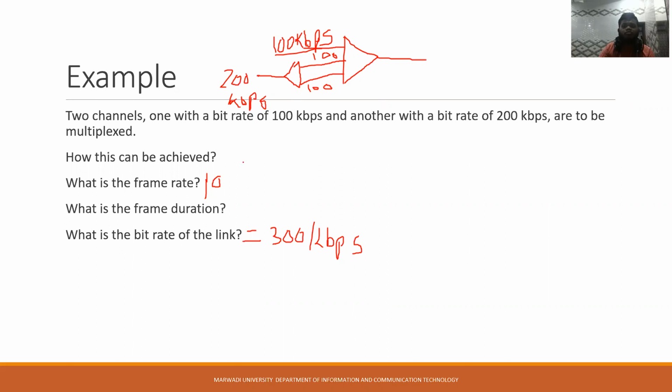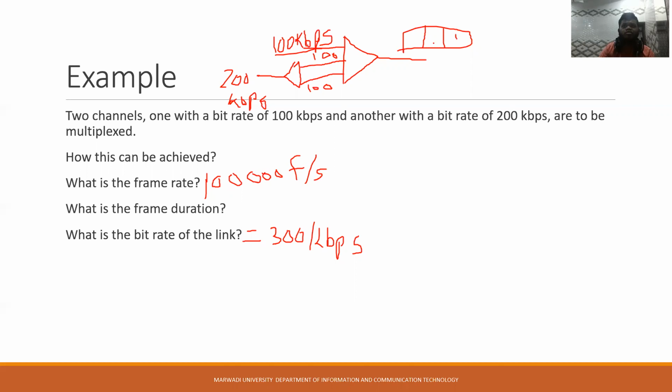So 3 bits would be in each frame like this, and we need to send 100 kilobits like this. So that would be 1000 frames per second.